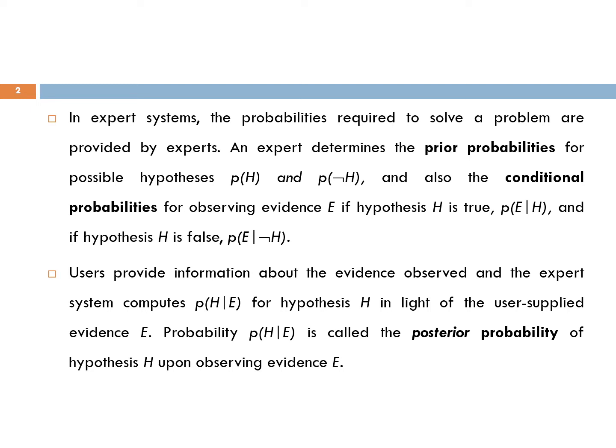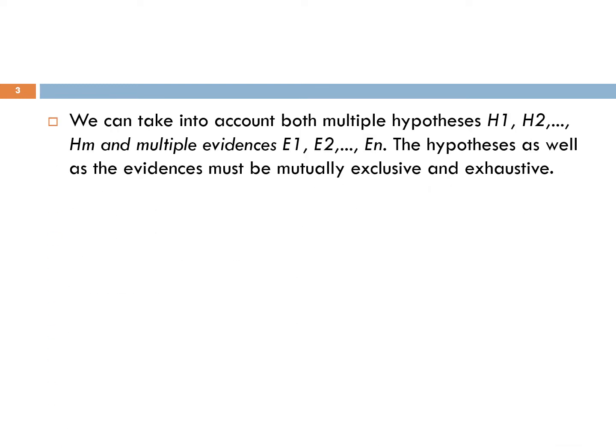The user is the one that interacts with the expert system and provides the explanation or the assumption. Later on we go into an example that can make it more clear.